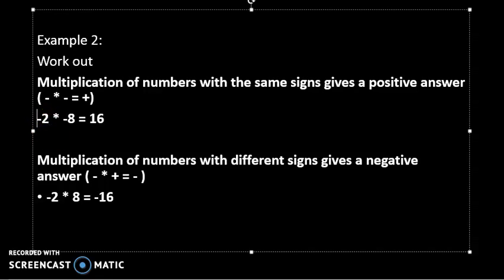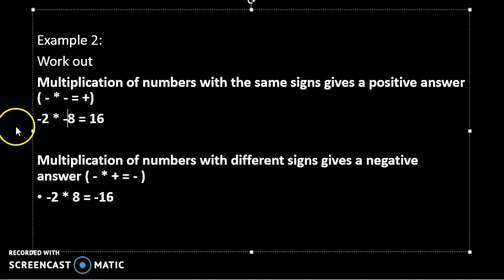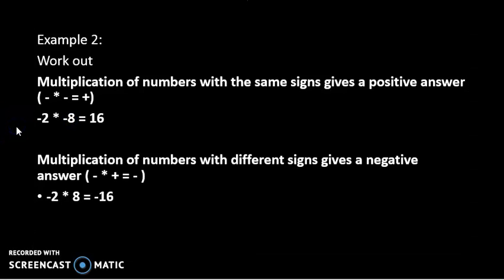I have a negative 2 and a negative 8. If I multiply two numbers with the same sign, I'll get positive. So negative 2 times negative 8, I'll get 16, a positive number. It's the same as multiplying 2 times 8, you will get a positive number.